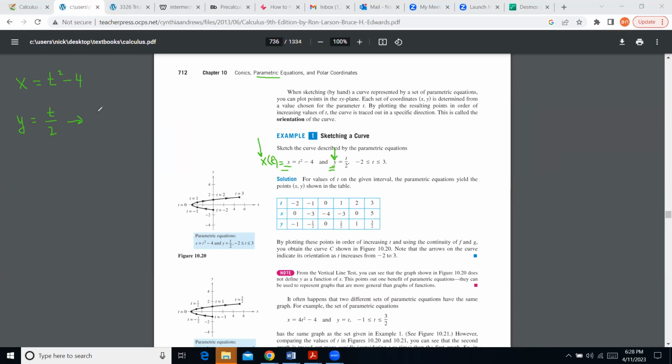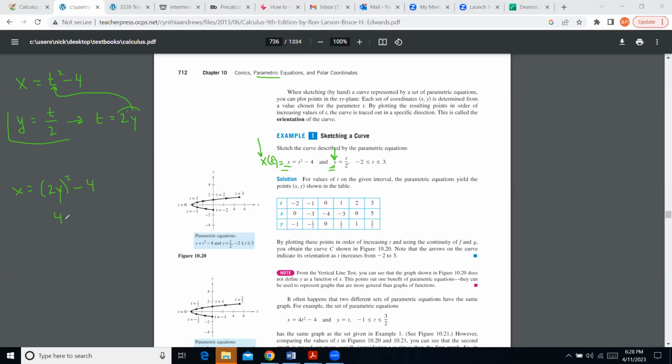So I can say that t is equal to y multiplied by 2, right? If I multiply by 2 both sides of this equation, and then replace my parameter t in the other equation, I'm going to get the actual relationship with my x and y coordinates, so I can see where this is actually coming from.